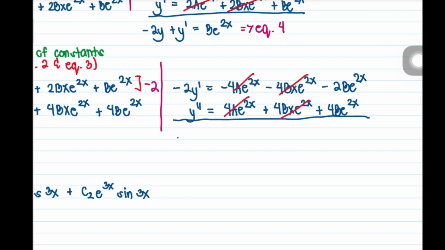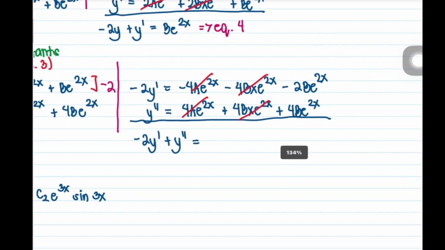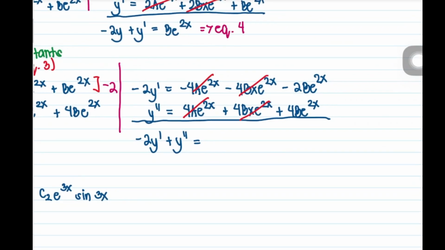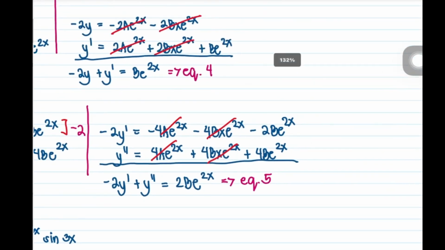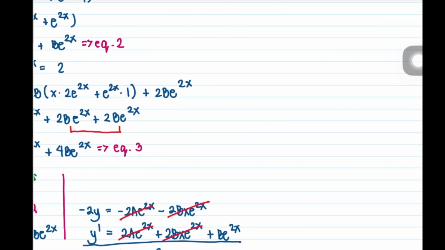So this one will yield negative 2y prime plus y double prime is equivalent to 2b e raised to 2x. So this one will be your equation 5. So next, let us eliminate the arbitrary constants for equation 4 and equation 5. So we're just left with constant b.